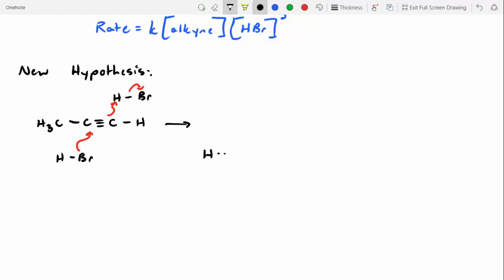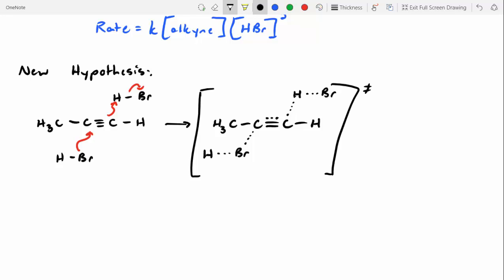When we do this, we're breaking the bond between H and Br. We still have a sigma and a pi bond between these two carbons, but we're breaking one of these pi bonds. We've got this hydrogen out here, and we've got the CH3 over here, and then we're forming a new bond to a proton up here, and we're breaking a bond with the bromine.